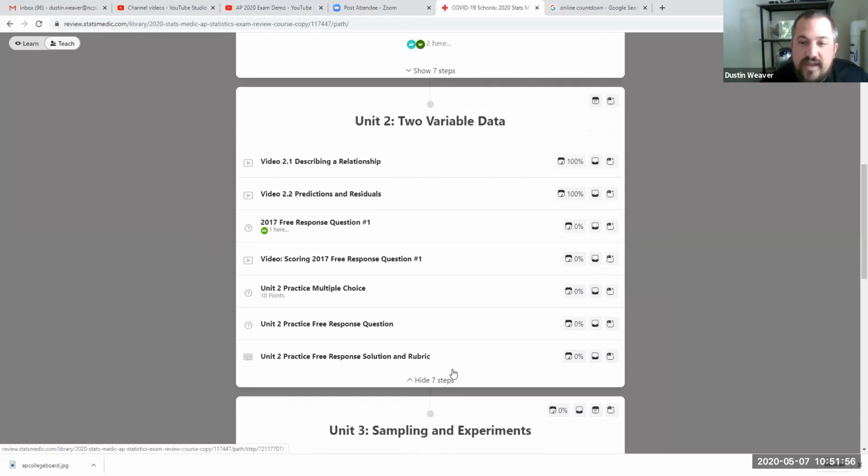Now, 2 variable data is going to be your X and Y, your linear regression, basically, is what you're thinking of. So we're going to talk about describing a relationship, how to make predictions, and residuals. It's been a long time since you've looked at residuals probably as well.